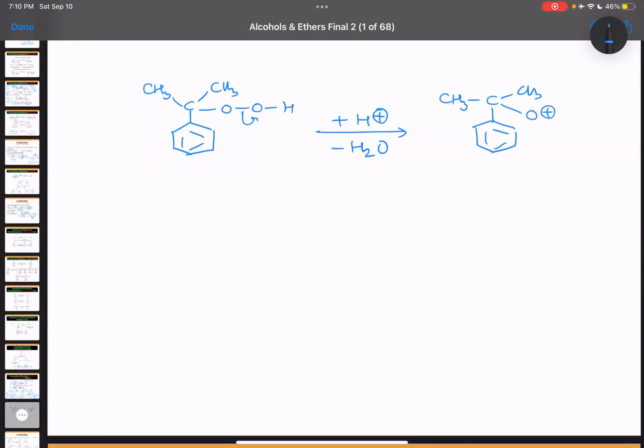Actually, this will not form immediately. This will get shifted. The benzene is an electron rich species, and it goes and joins itself to the O plus.